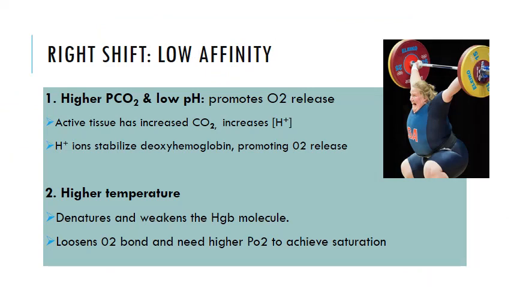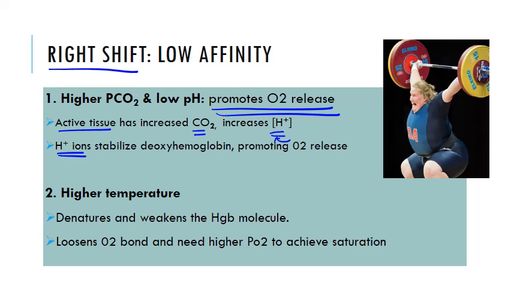So let's look at some of the reasons behind this right shift. A right shift is characterized by low affinity, a higher partial pressure of carbon dioxide, and low pH or increased acidity. This really promotes oxygen release. So how does it do it? Active tissues have increased carbon dioxide, which increases, really through the law of mass action, hydrogen ions.